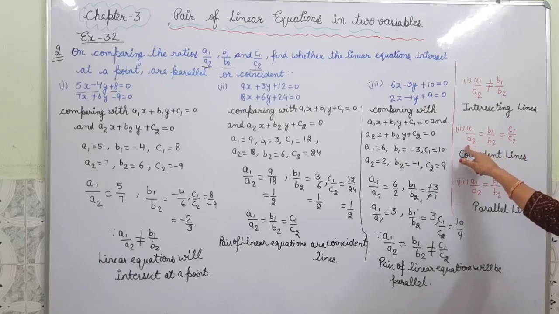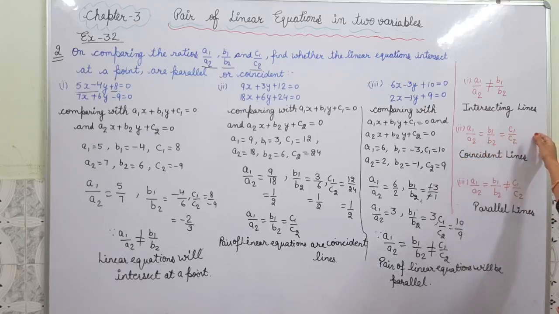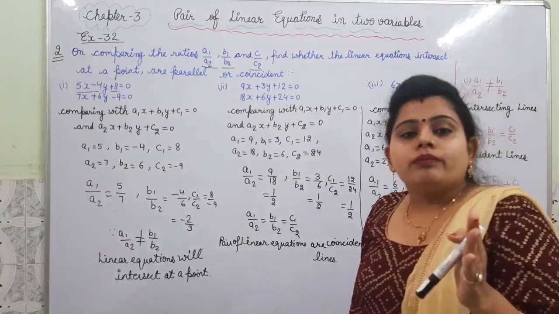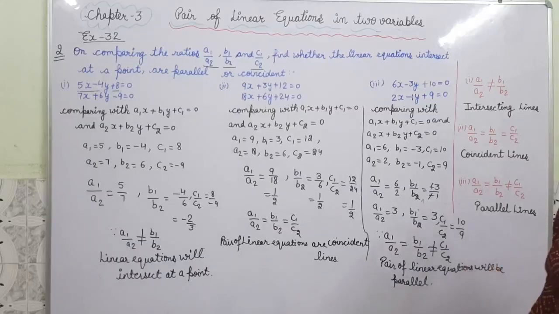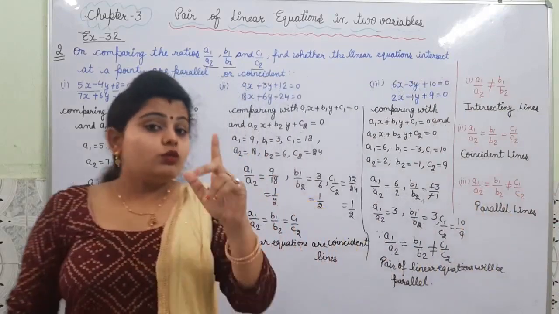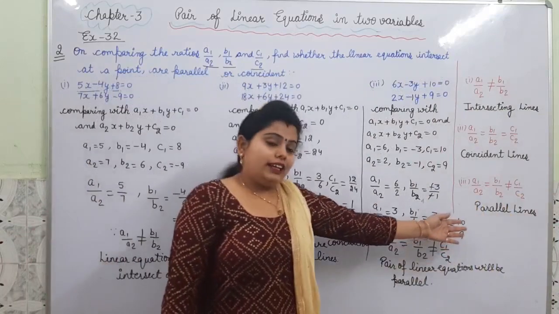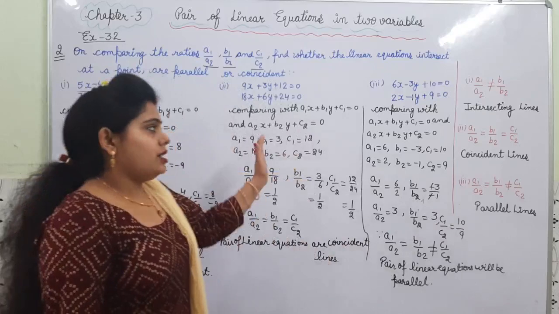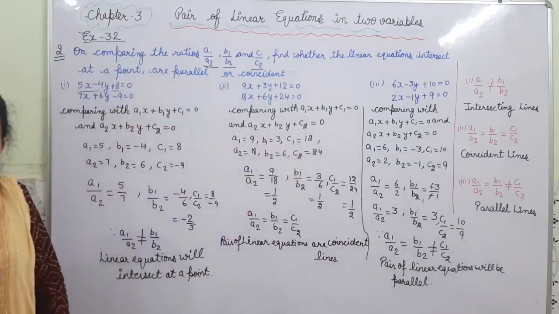If a1 by a2 is equal to b1 by b2 is equal to c1 by c2, then we are getting coincident lines. If a1 by a2 is equal to b1 by b2 not equal to c1 by c2, then we are getting parallel lines. This is our question number 2 of the exercise.